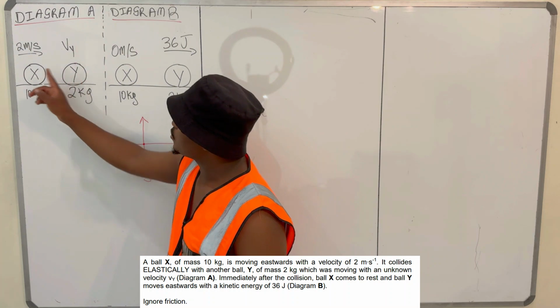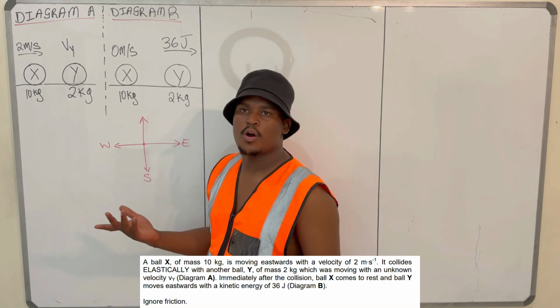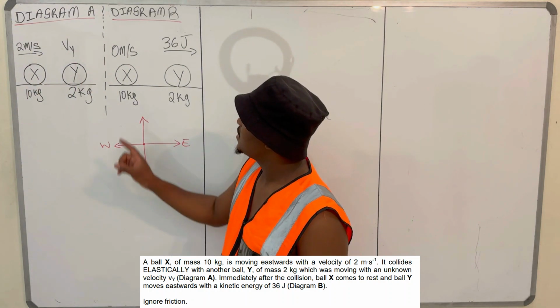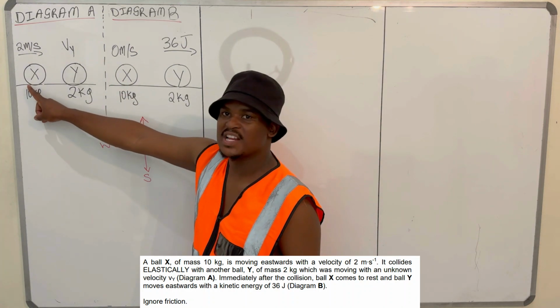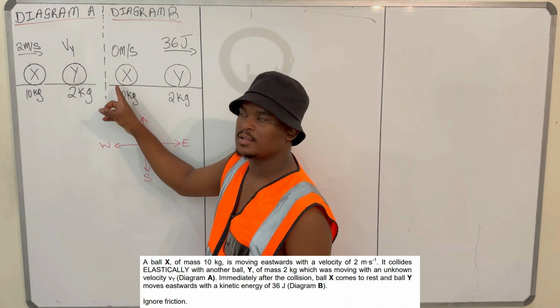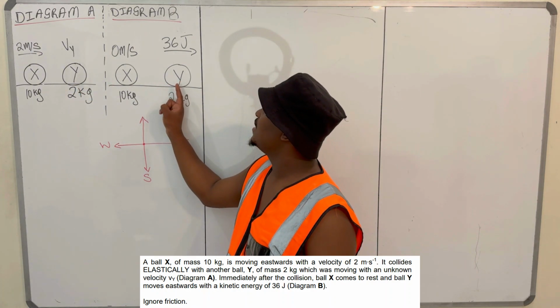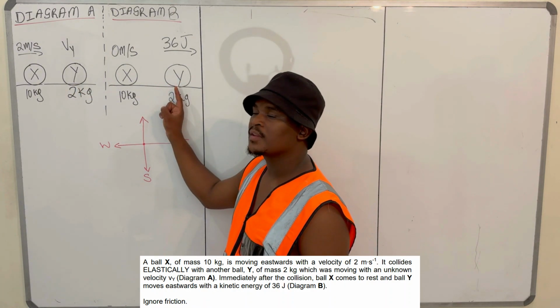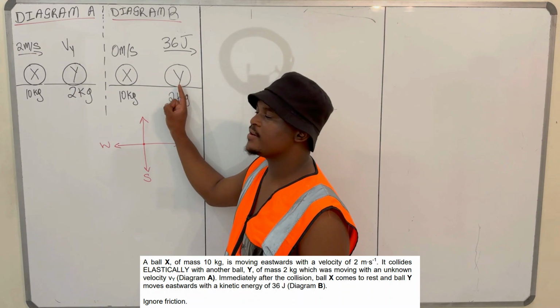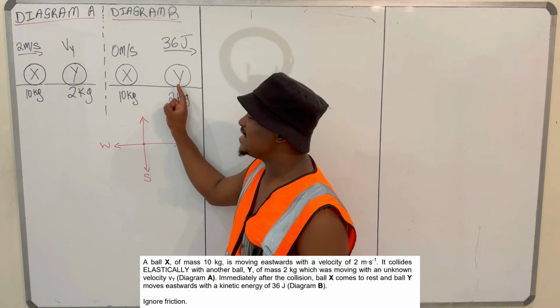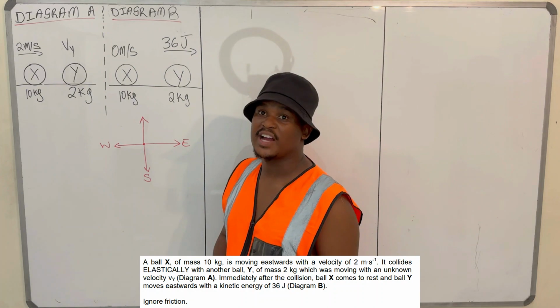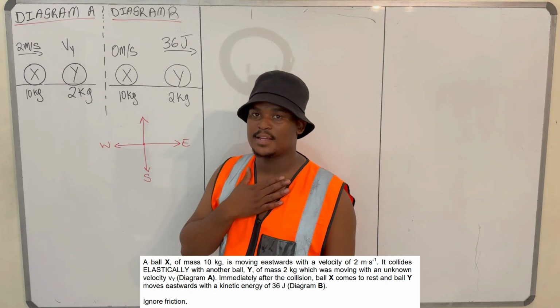So these two balls collide. When they do collide, ball X, which was moving at 2 meters per second, comes to rest, and ball Y now has a kinetic energy of 36 joules after collision. That's what they're saying.